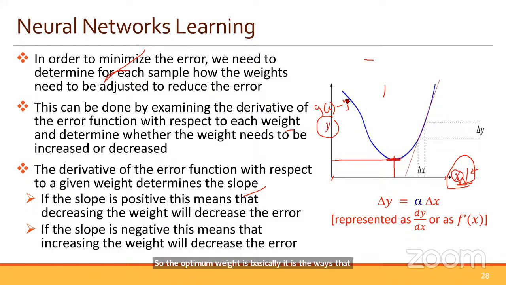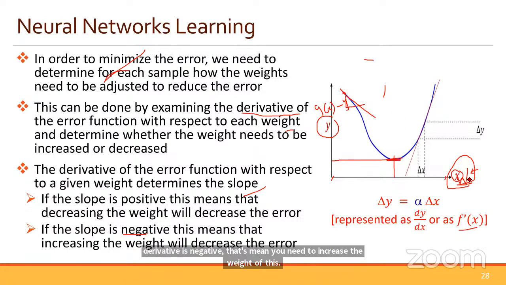In order to get there, based on this technique, we need to estimate the derivative of the error with respect to the weight, which is the slope here, the dy by dx. If the slope is negative, meaning you are somewhere here and your derivative is negative, that means you need to increase the weight of this parameter.